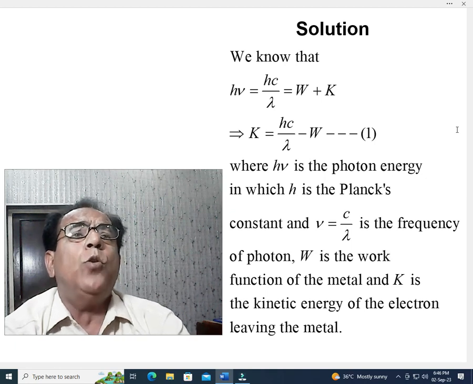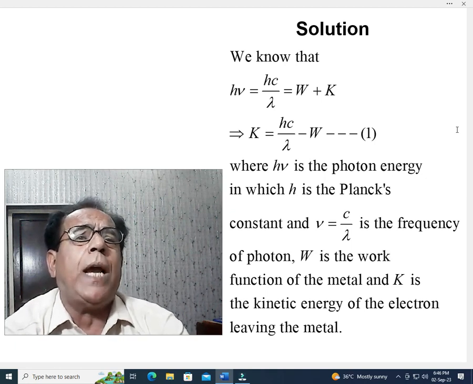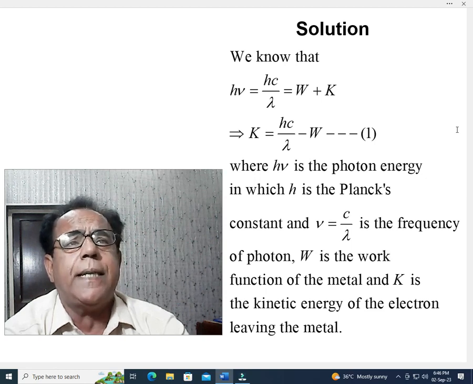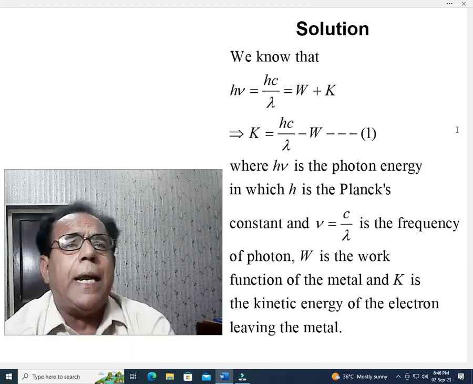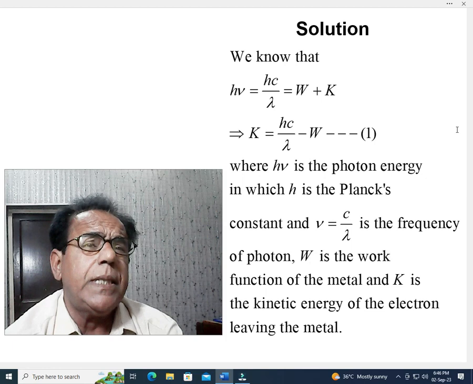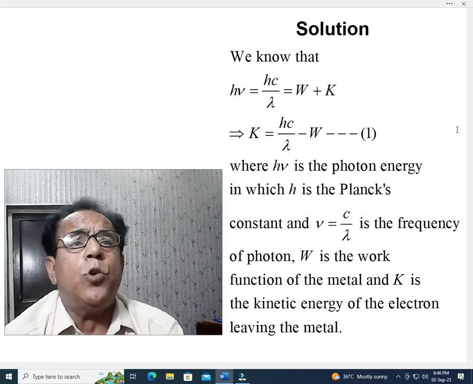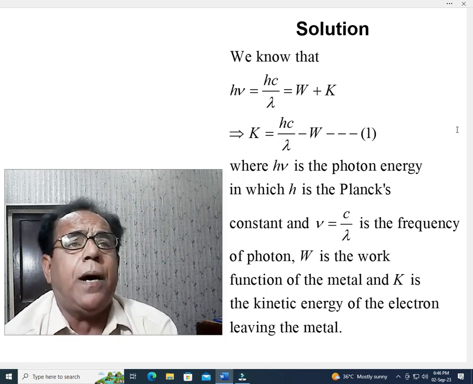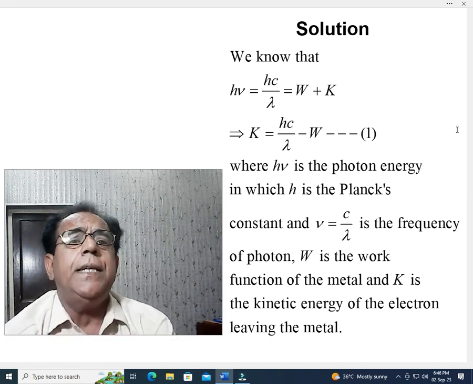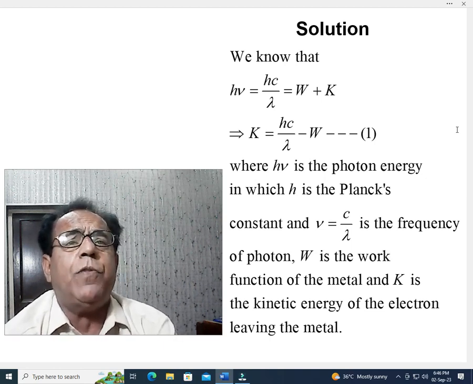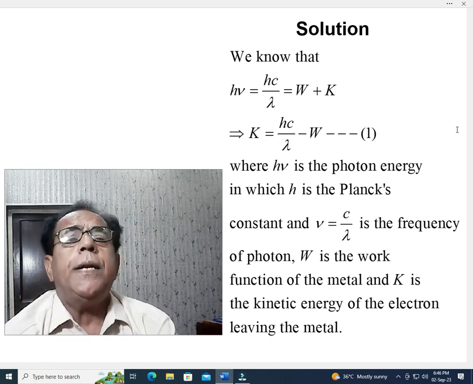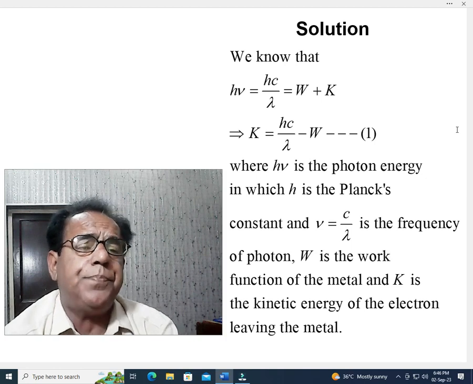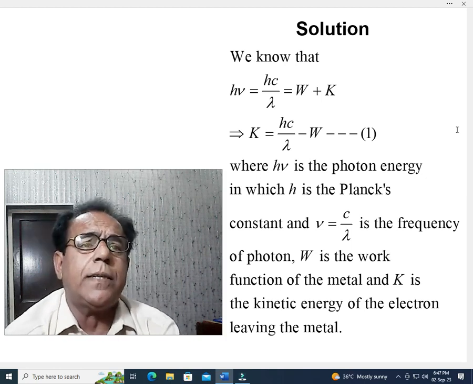We know that h nu is equal to hc over lambda, equal to work function W plus kinetic energy K. This implies that K is equal to hc over lambda minus W. Here h nu is the photon energy, in which h is Planck's constant and nu equal to c over lambda is the frequency of the photon. W is the work function of the metal and K is the kinetic energy of the electron leaving the metal.